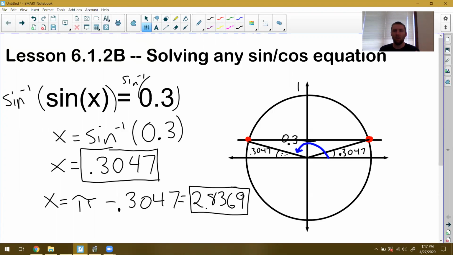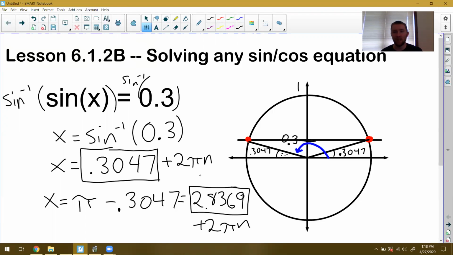Now, of course, we want to be able to go around and around and around the circle though, right? We want all of the solutions, okay? So far we've gone through letter A, letter B of number 24. Letter C says, what is the solution for all values of x? Well, in order to do all values of x, I simply just need to take each of these and go plus 2 pi n, and here I'll go plus 2 pi n, where n is an integer, okay?